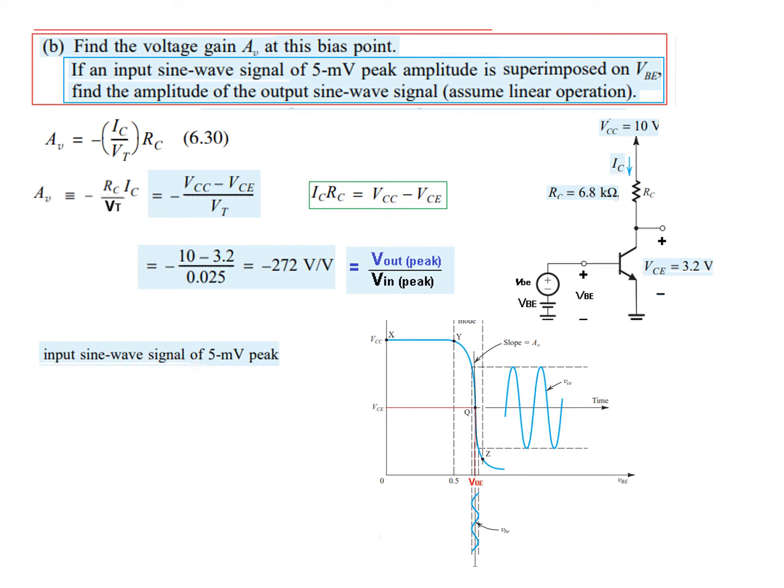And if Vin is 5 millivolt peak, then plugging in here, we can find Vout peak is 272 times 5 millivolt, that is 1.36 volt. There is no need of writing the sign. We are just concerned about the magnitude.